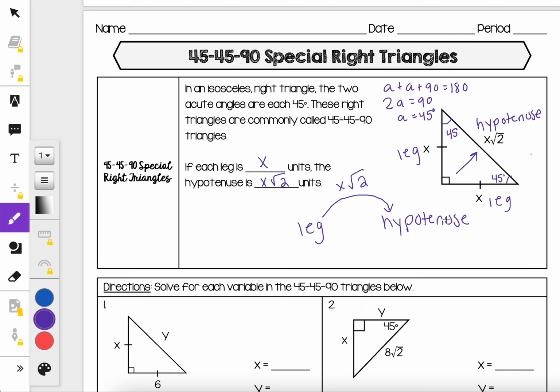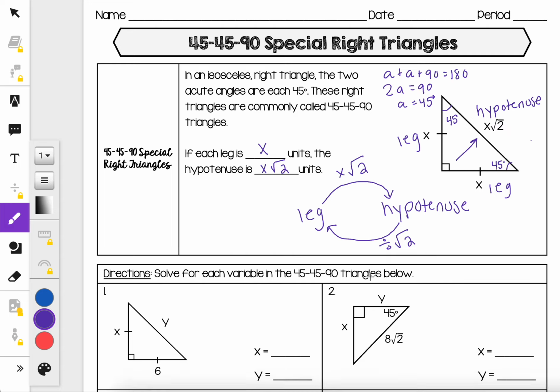If I am given the hypotenuse and I am trying to find the leg, so I'm going in this direction of my wheel, then I'm going to divide the side of the hypotenuse by the square root of 2. Okay, so again, if I'm given a leg and I'm going to my hypotenuse, I'm multiplying by the square root of 2. If I'm going from my hypotenuse to my leg, I'm going to divide by the square root of 2.